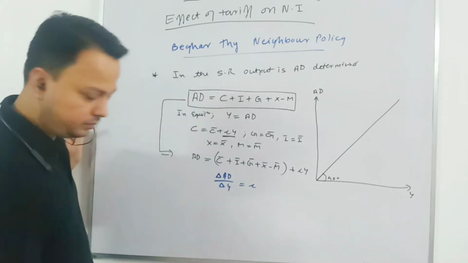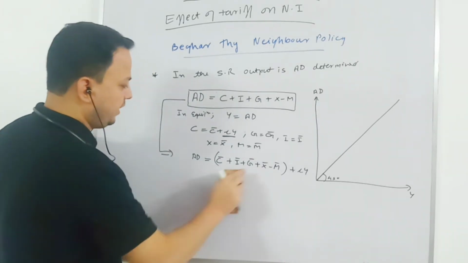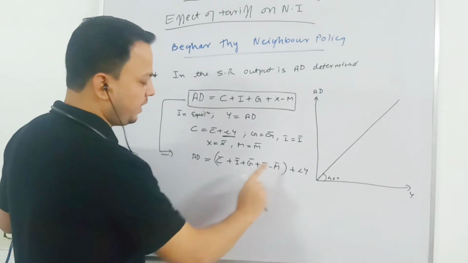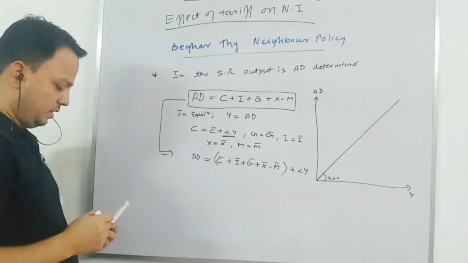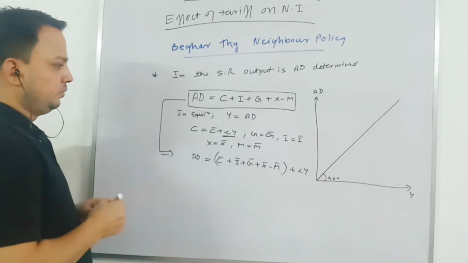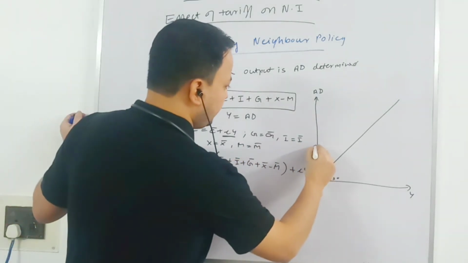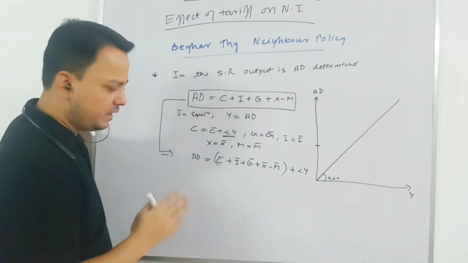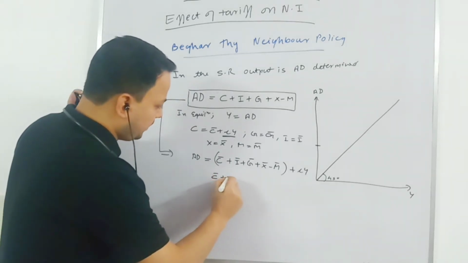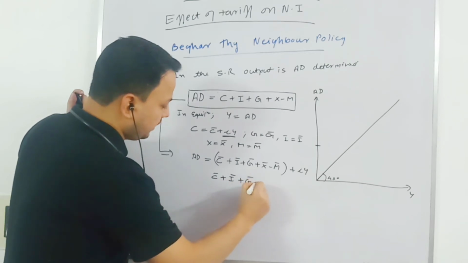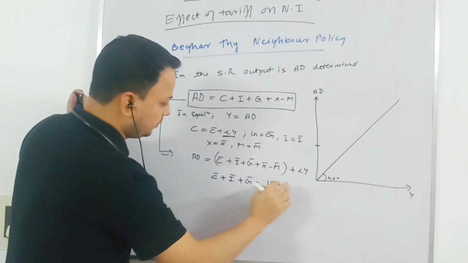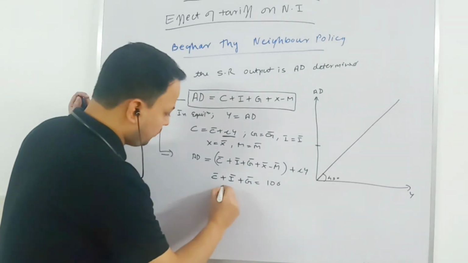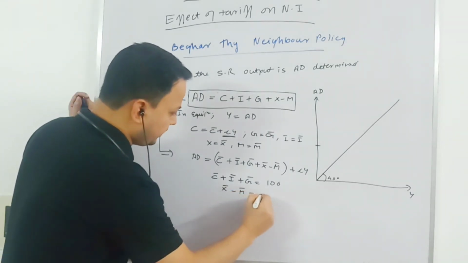So this is my intercept: C bar plus I bar plus G bar plus X bar minus M bar. It will be easier to understand when I give some values. Suppose C bar plus I bar plus G bar is 100, and my export minus import is, say, minus 10.